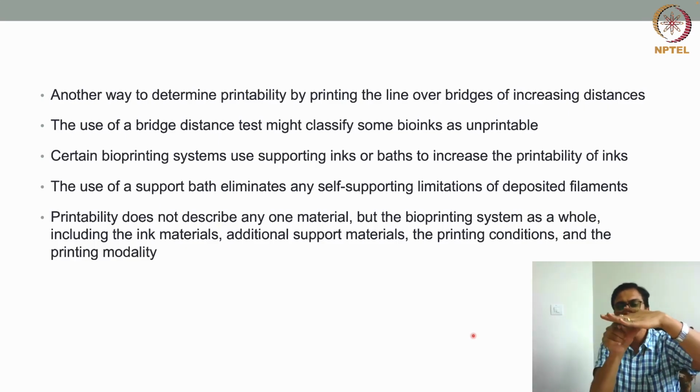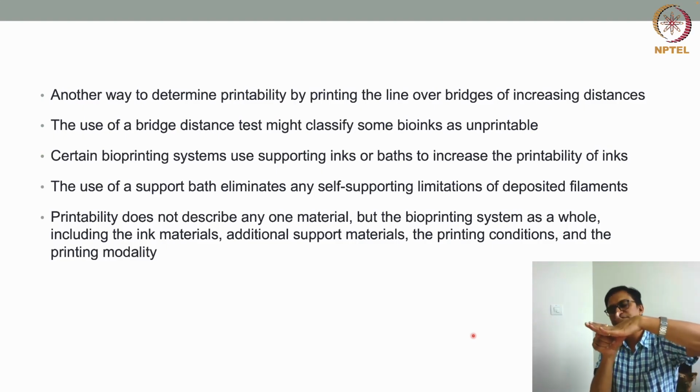Suppose there are two bridges here, and my printed line is perfectly fitting on those two supports. There is no sagging, then it is perfectly printable. That's very good. But if the printed line sags like this, then that ink cannot hold itself, and there is a deformation or sagging of the ink.